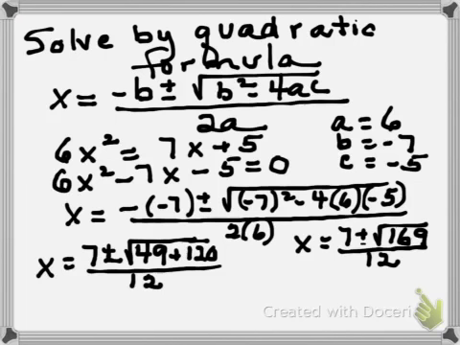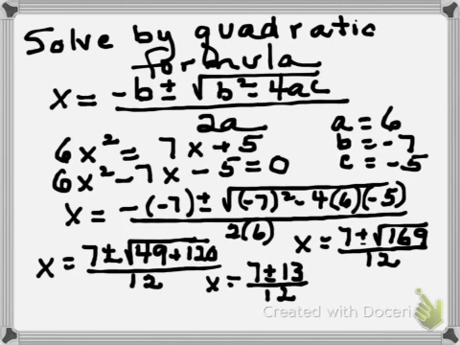So x equals 7 plus or minus the square root of 169, which is 13, over 12.